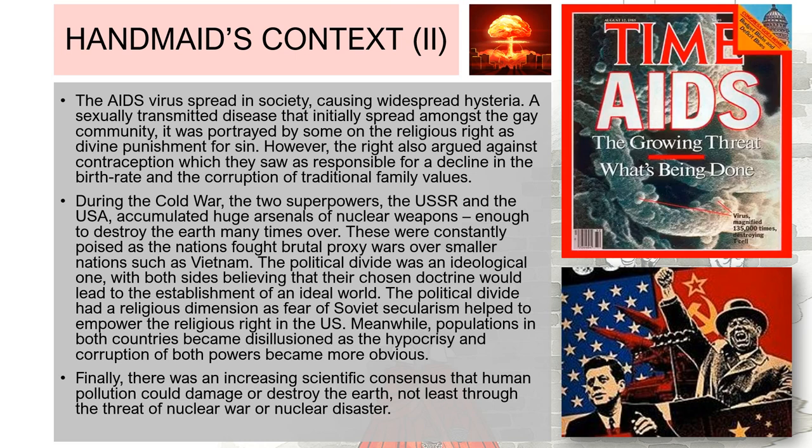And society generally is starting to get this very dystopian anxiety about the idea that humans have the potential to destroy or damage the Earth. Not just through nuclear war, but also through nuclear disaster in a place like Chernobyl, or through the ongoing pollution of the Earth.